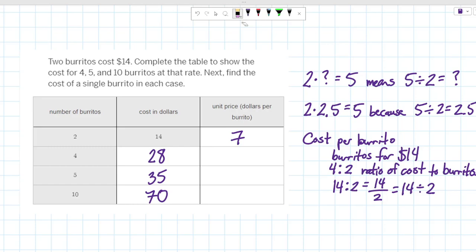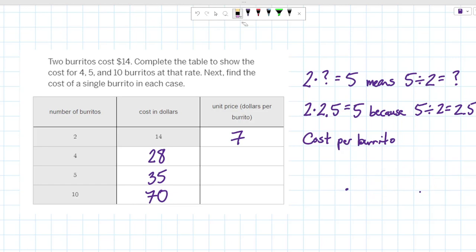Now let's look at the next one. Let me erase some of this. And let me make my note. Let's look at the ratio of cost to burritos.